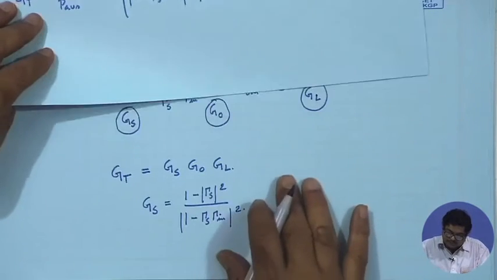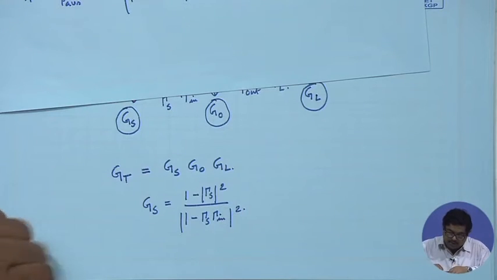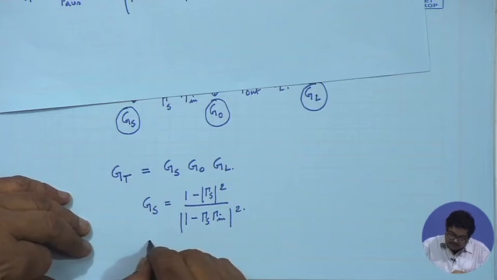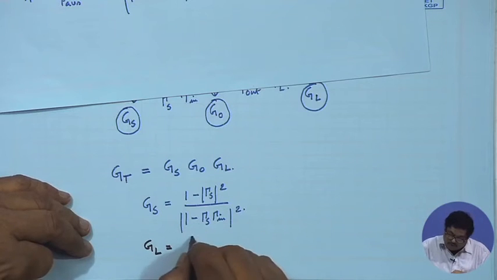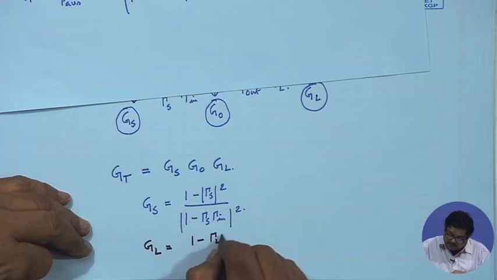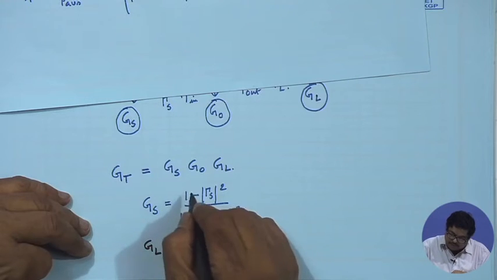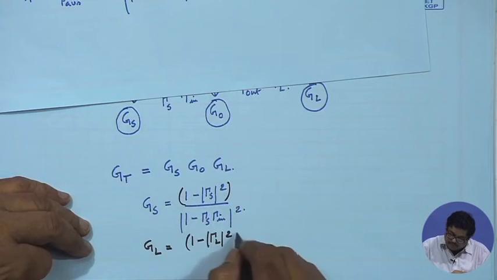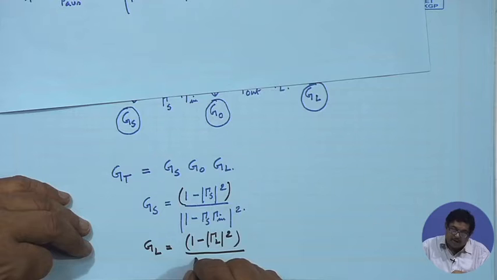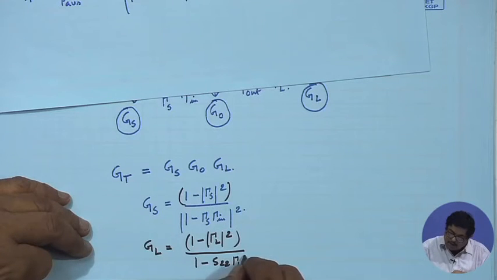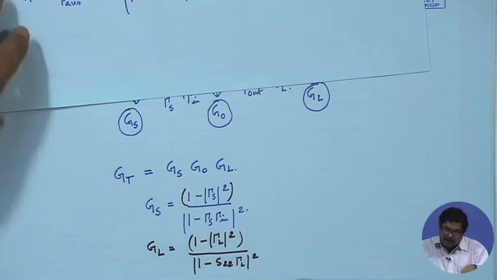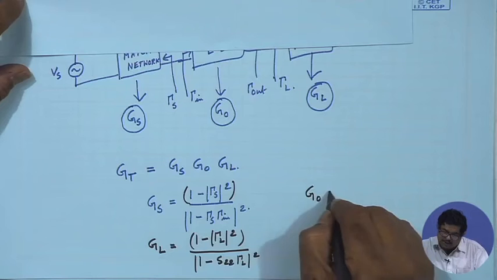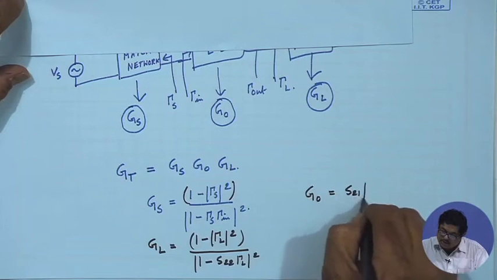GL is equal to 1 minus gamma L square by 1 minus S22 gamma L square, and the active part G0 is S21 square.